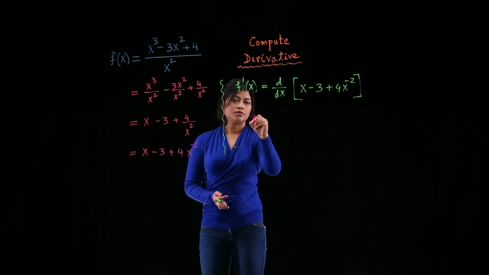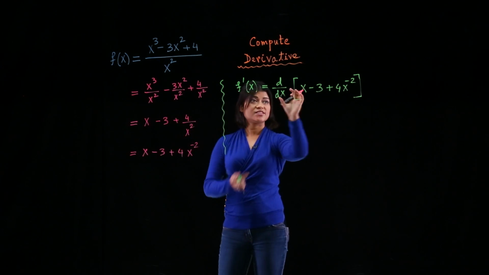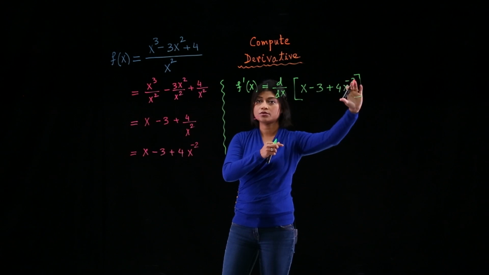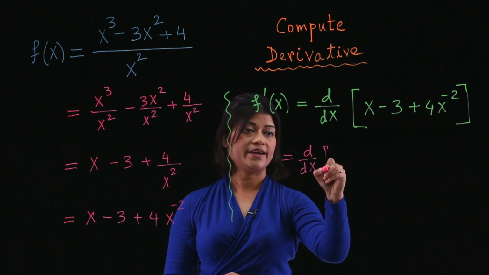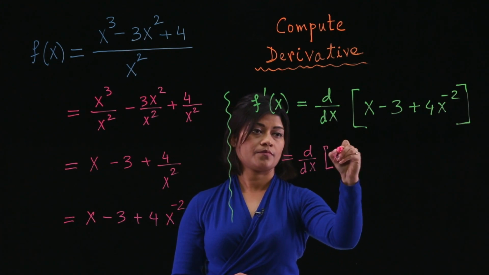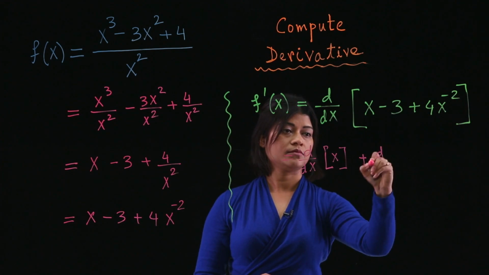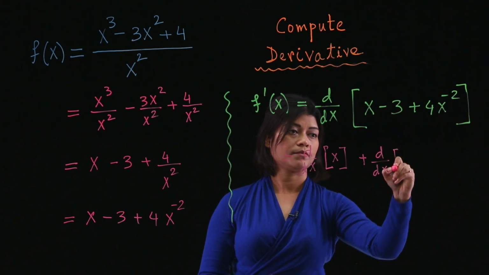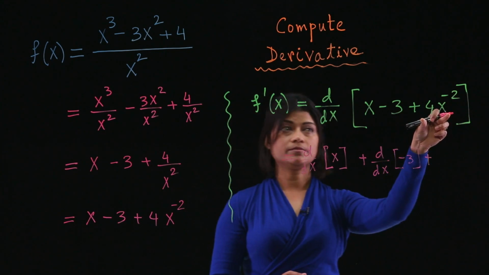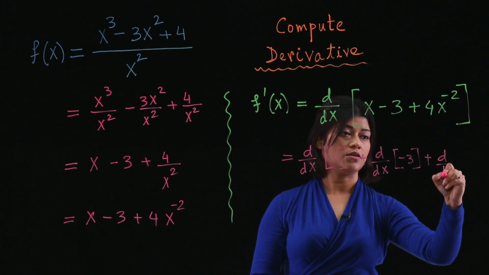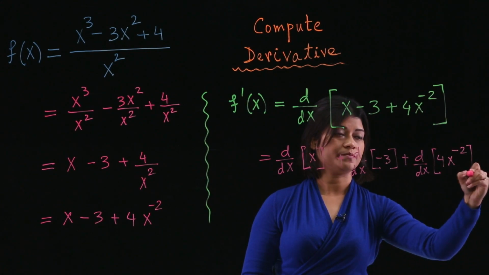Well, we have the sum rule of differentiation, which means you can split it up into 3 separate derivatives. So you will get d dx of x, plus d dx of the next term, that is negative 3, plus the derivative of the last term, so d dx of 4x to the power negative 2.